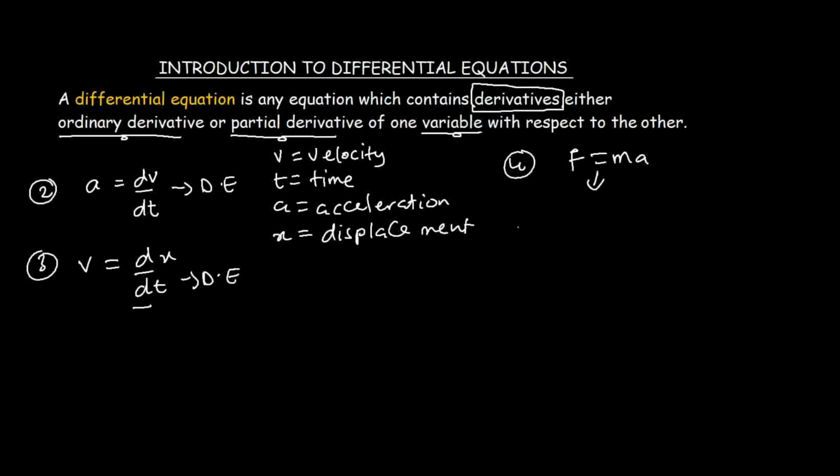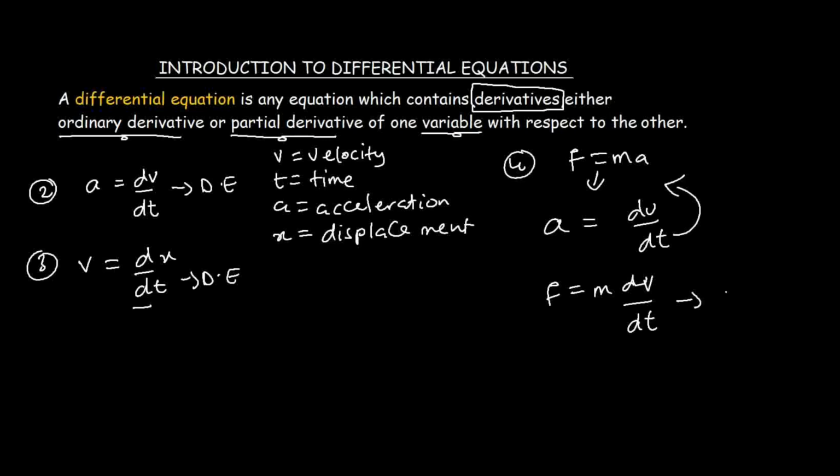From example 2, you know that a equals dv over dt. So you can substitute a back into this formula. We now have F equal to m dv over dt, right?